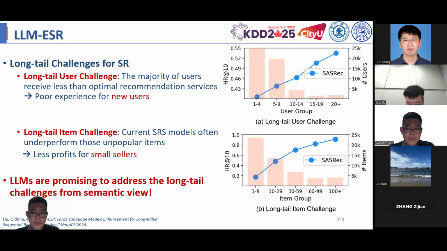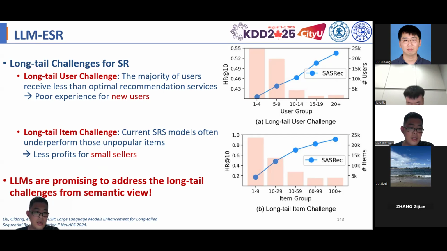The motivation of this work is that there are two long-tail challenges existing in the current sequential recommendation models. The first is the long-tail user challenge. As the figure shows, the majority of users with few interactions receive suboptimal recommendation services.